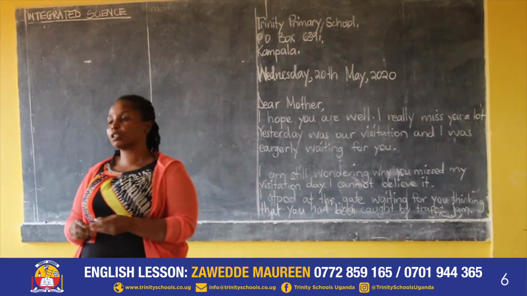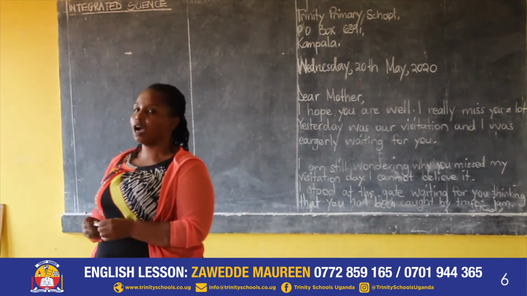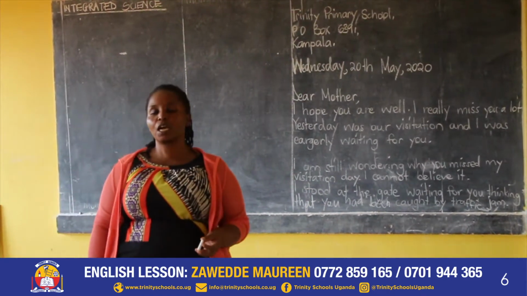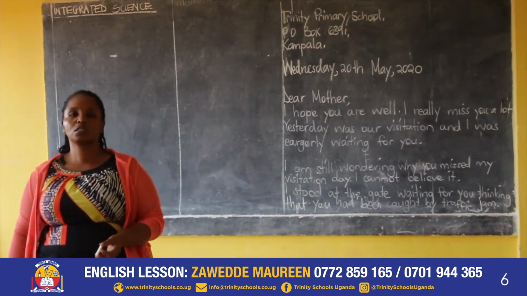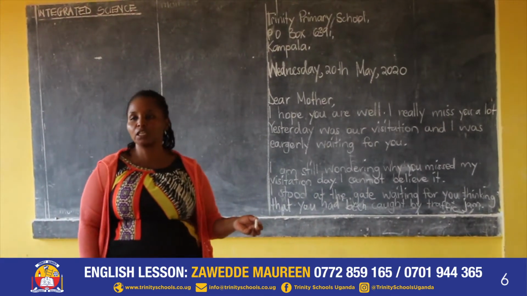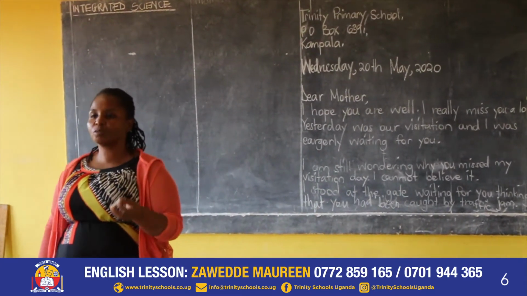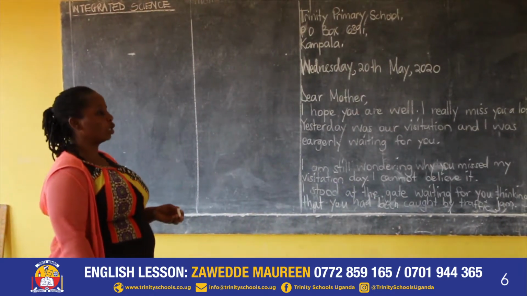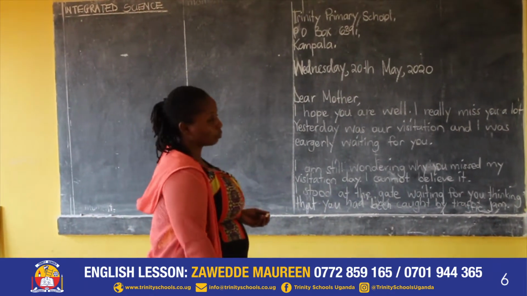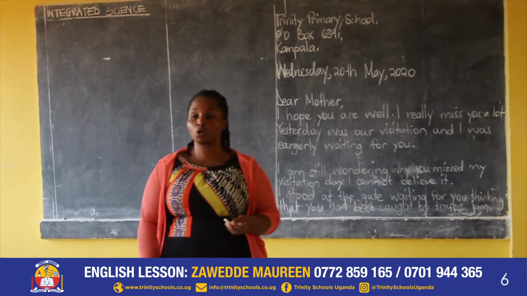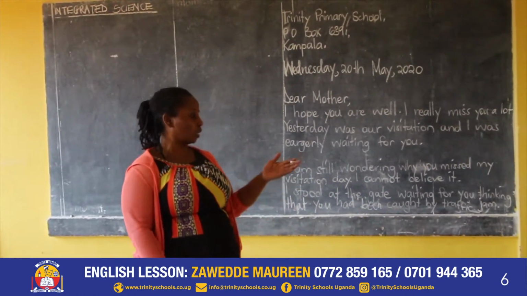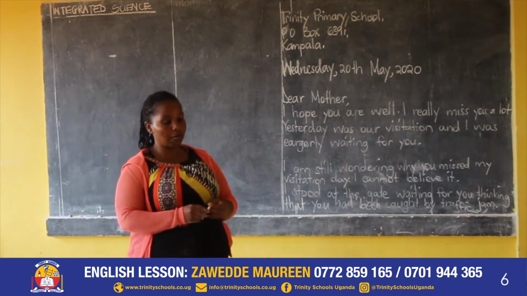We are still under the topic letter writing, under the subtopic informal letters, which can be called personal letters, friendly letters, or unofficial letters. Today we are still looking at comprehension, just like the previous lesson that we had.